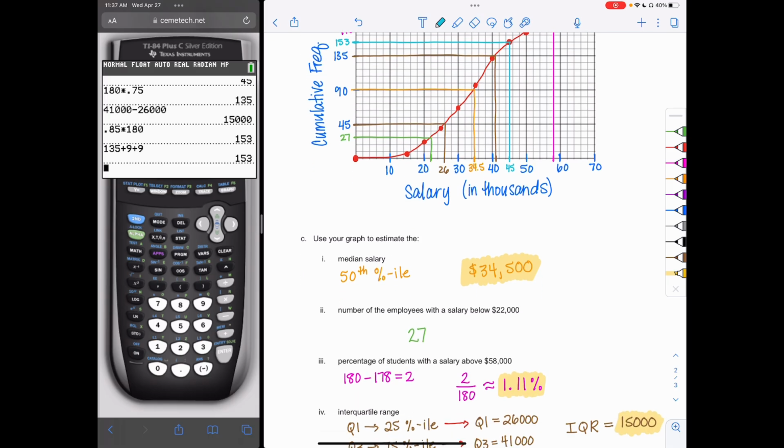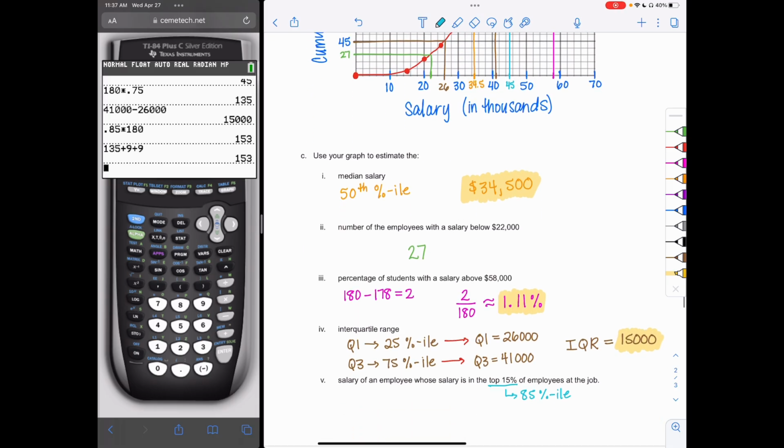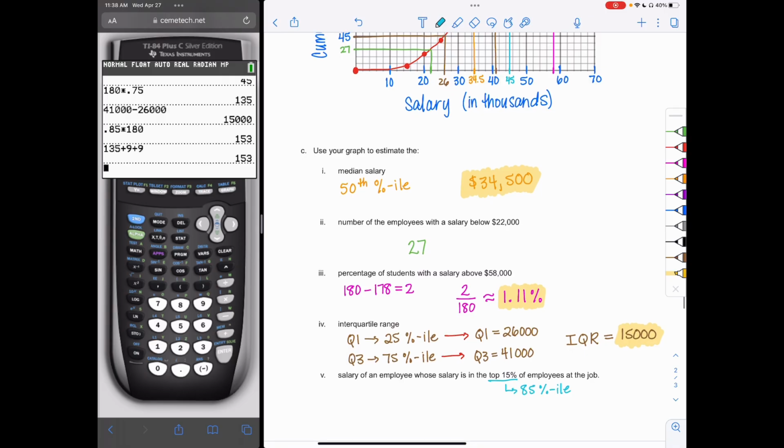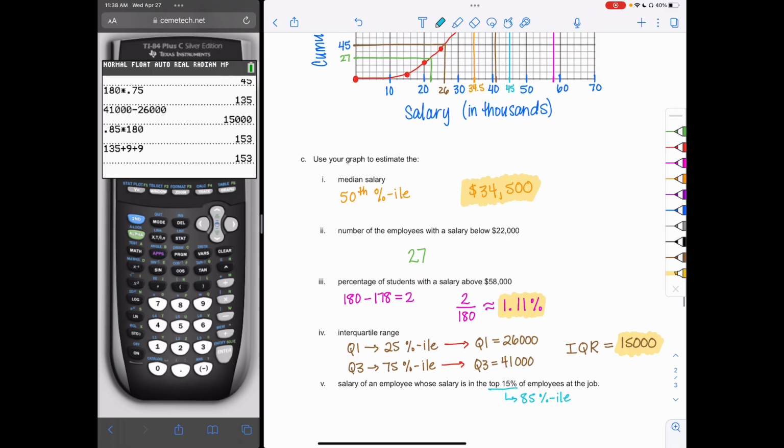So I will be able to say here that the salary of an employee whose salary is in the top 15% of the employees at the job will be approximately 45,000 or more, because it says what is the salary of anybody that's in the top 15%. So I know that they have to make 45,000 or more in order to be in that top 15%.